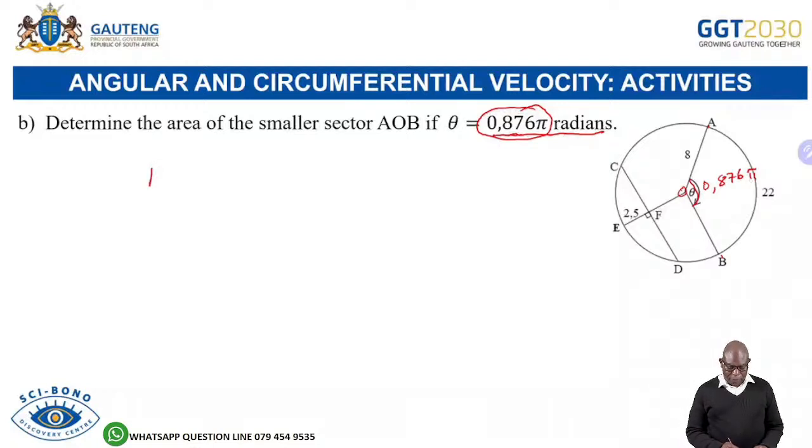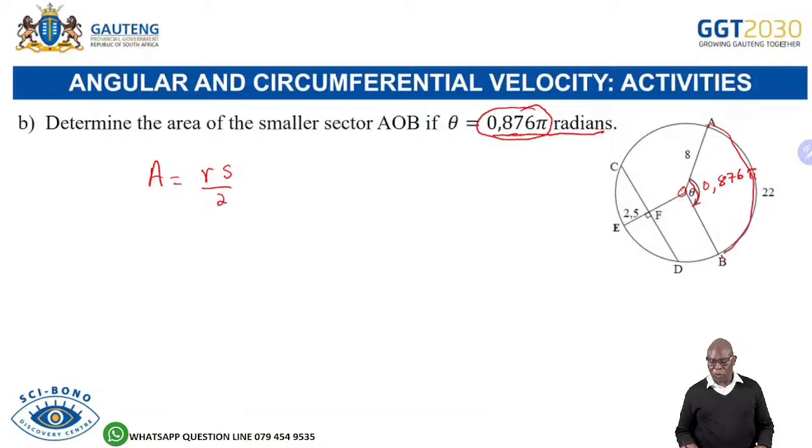I need the area. So remember, the area is RS over 2. Why am I using S? Because I can see I've got the 22 in there. Right? So I'm going to get 8, which is the radius, multiply by, or let me use the R squared theta, because this is what is given now for me.